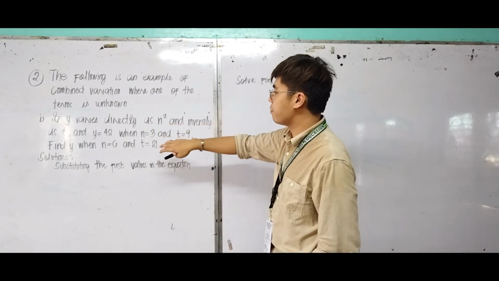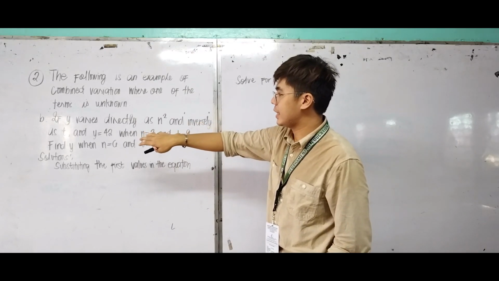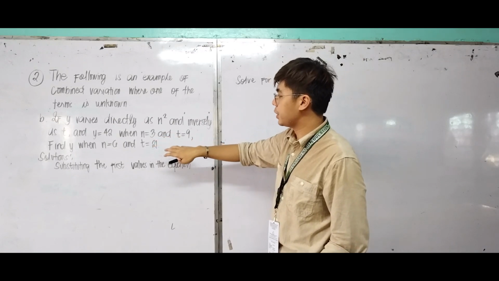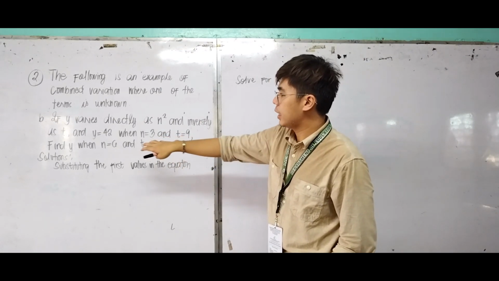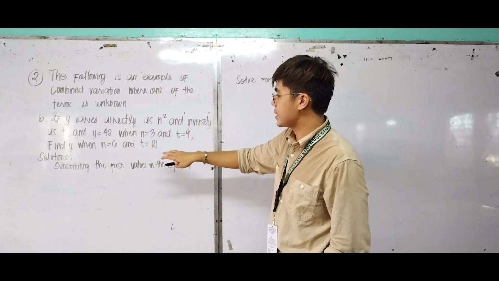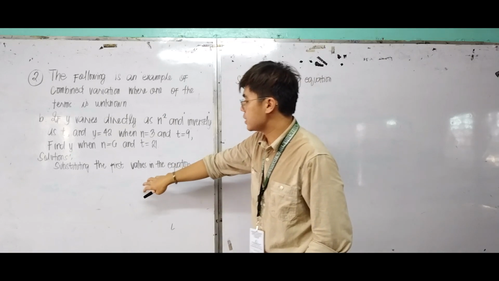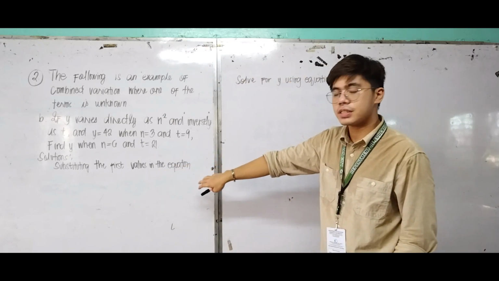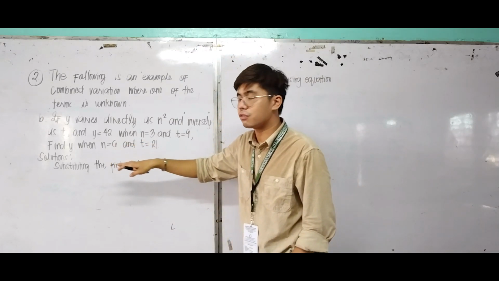If y varies directly as n squared and inversely as t, and y equals 42 when n equals 3 and t equals 9, find y when n equals 6 and t equals 21. So solution, substituting the first values in the set of equations. So we will write the equation first.